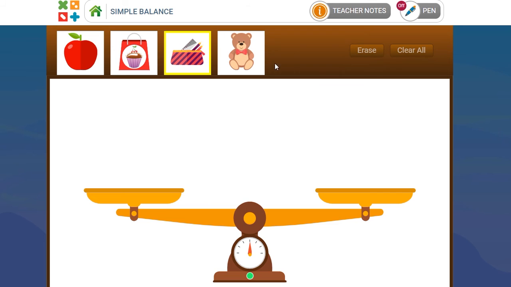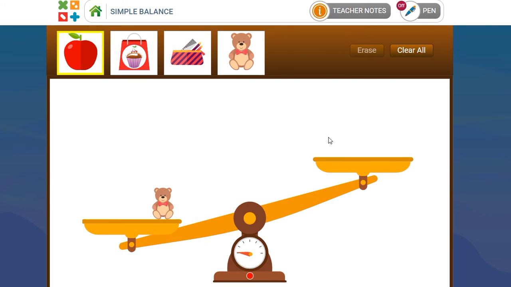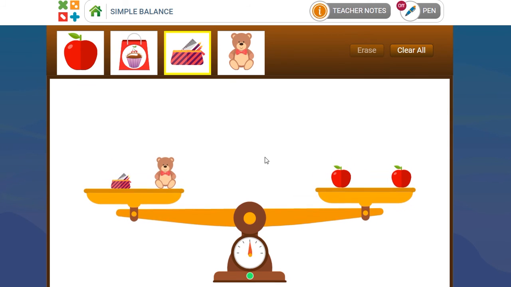Finally, it's amazing the complexity of the problems that you can actually set using a simple balance and a group of objects to present to the children to reason with and discuss and problem solve. So for example, you could get the teddy, put the teddy on one side, put a couple of apples and maybe a pencil case on the other and balance it up.